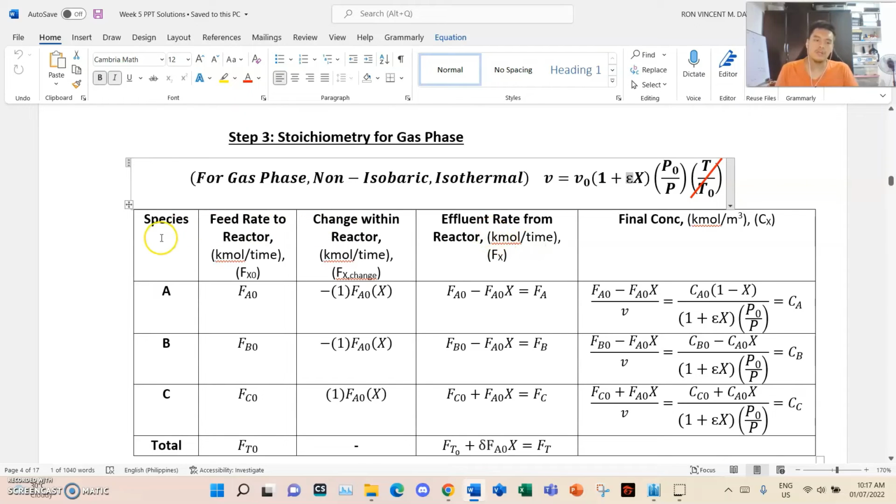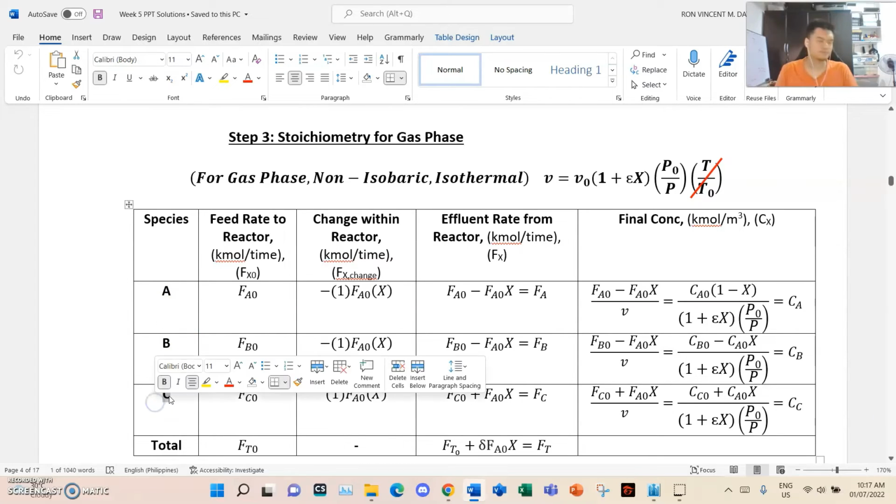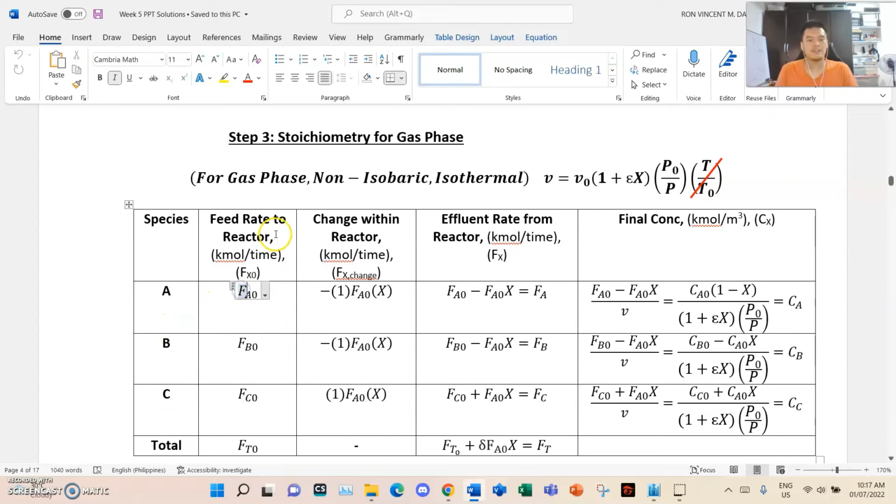So doing so, the stoichiometric table has the species listed, which correspond to ethylene oxide, water, and ethylene glycol. The feed rate to the reactor has the 0 subscript, and then the change in the reactor is simply the limiting reactant times the conversion value.